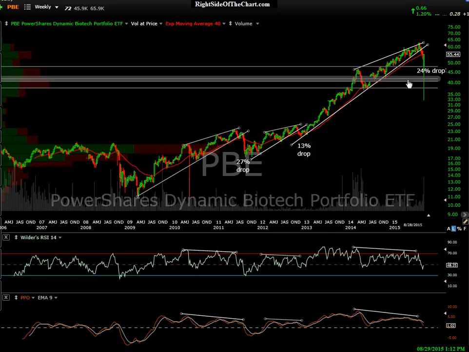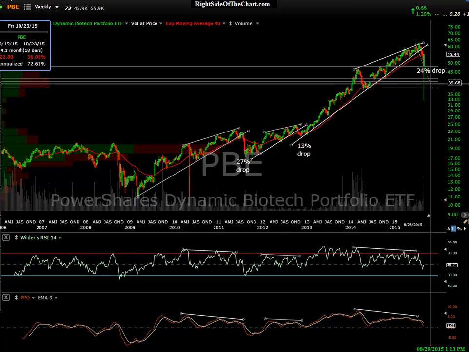And as you can see here, there's that 40-week EMA. So we hammered, which may appear bullish, but the bottom line is we closed right back up against that 40-week EMA, and even if we push a little higher, all that will do is serve to backtest this large wedge, and I think we're going to get another thrust down. In other words, I don't think it would be rare to see that, because this was a bear market.